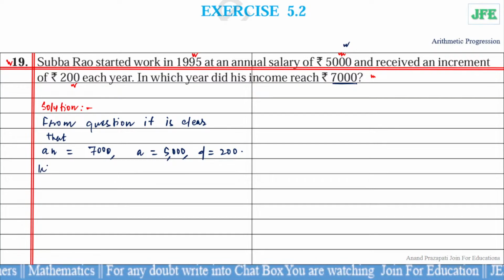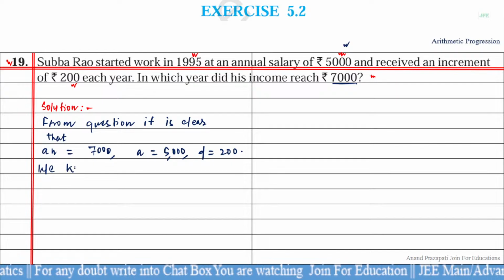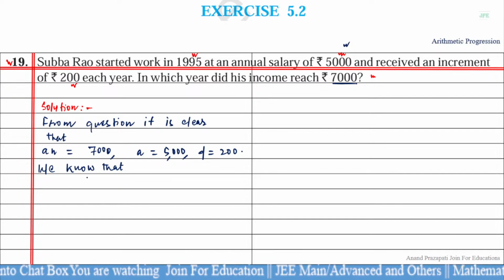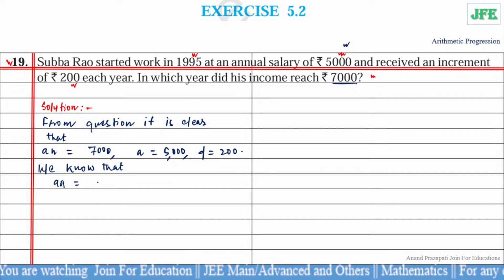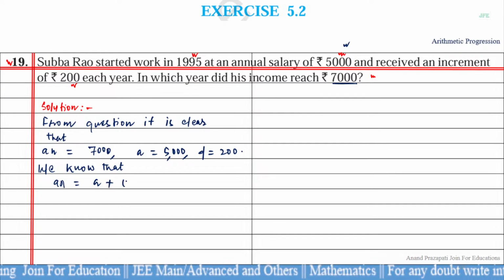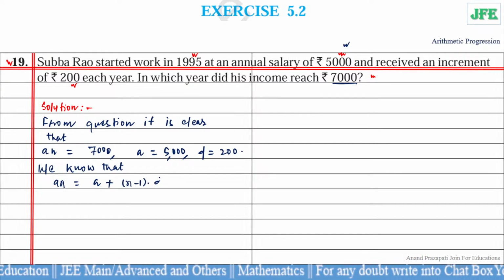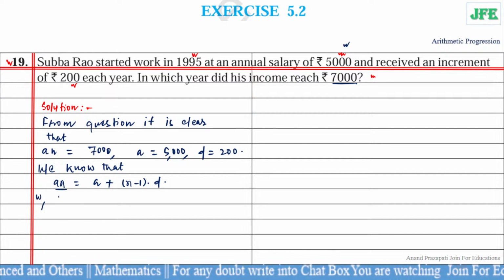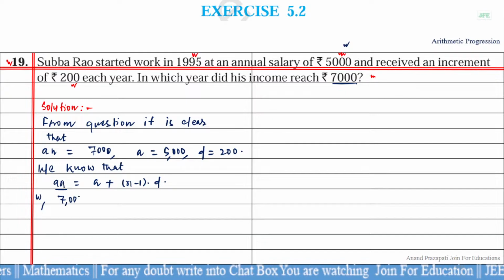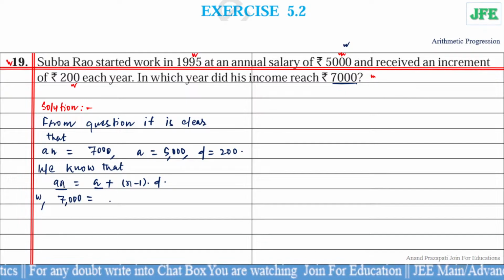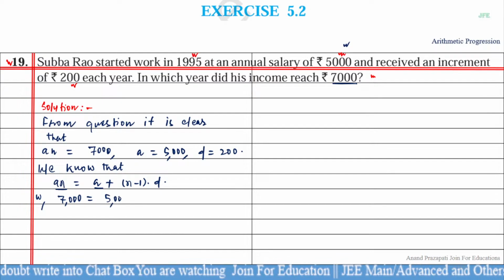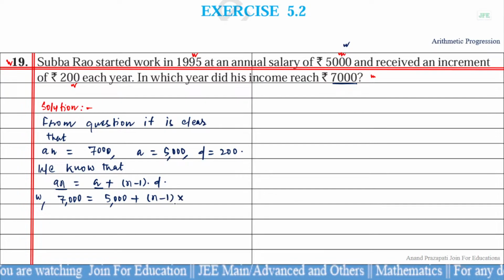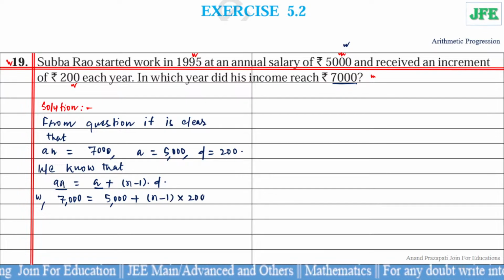Now we recall the formula. We know that an equal to a plus n minus 1 into d. So we write down here an equal to 7,000 and the value of a is 5,000 plus n minus 1 and the value of d is 200.